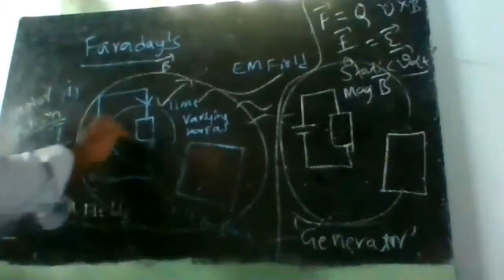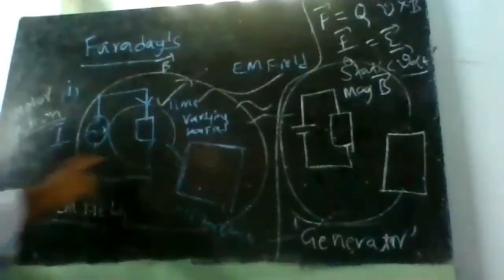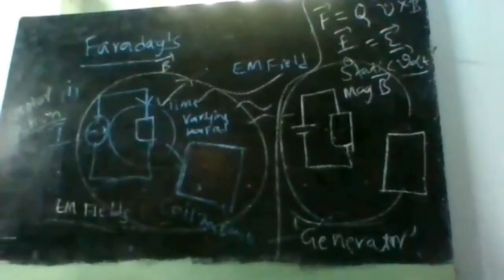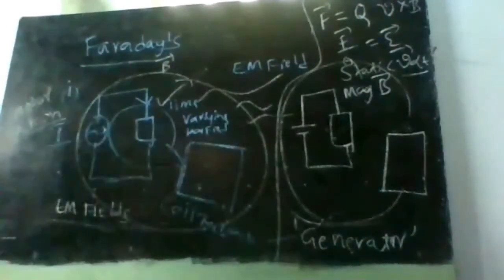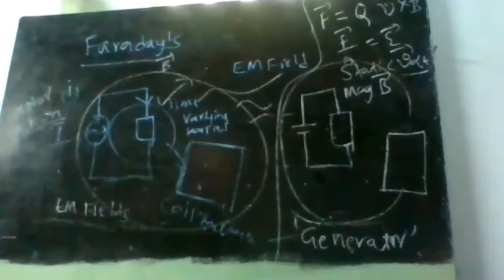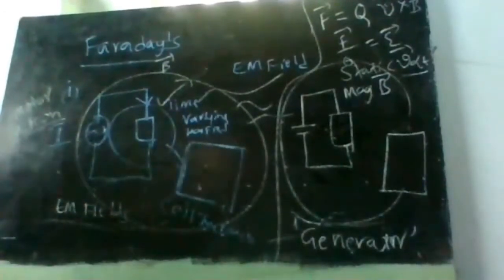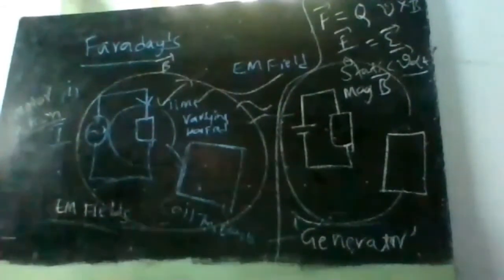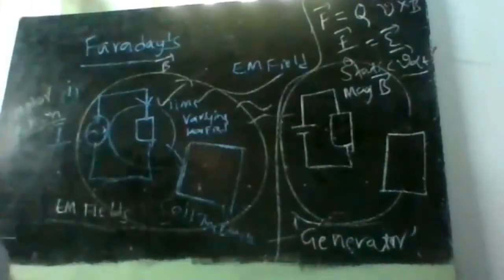This AC current will produce a time varying magnetic field. Whenever this time varying magnetic field links to a coil, it will produce an EMF, which gives us a time varying electric field. In this way, we generate an electromagnetic field which is time varying in nature. So this is one way. The second way is using the Lorentz concept, or the generator concept.